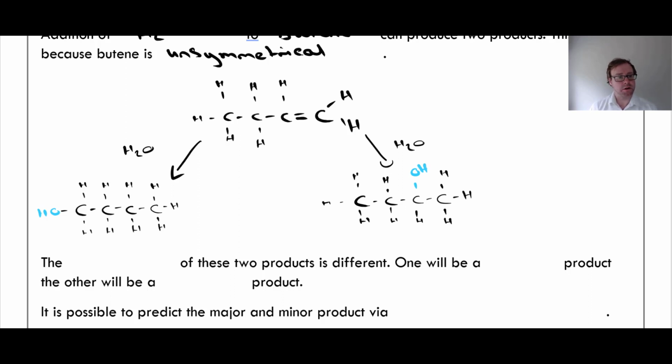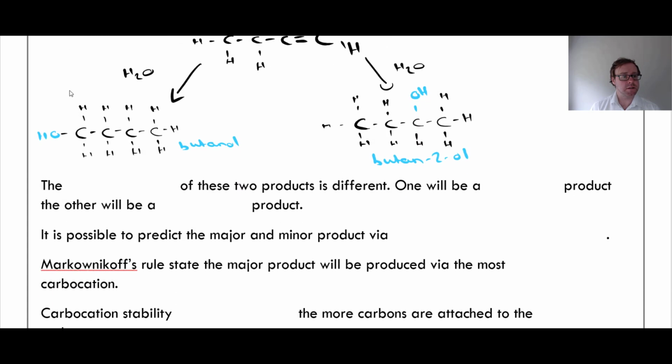So I would have butan-1-ol or butan-2-ol, as we've previously done, or you have done. Right, however, as I previously mentioned, we can get different products. So the yield of these two products is different.